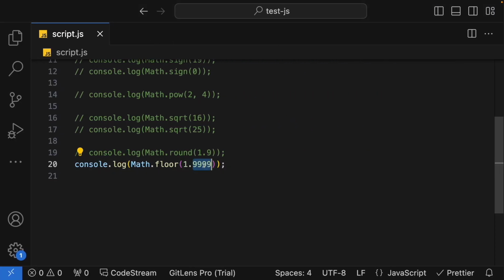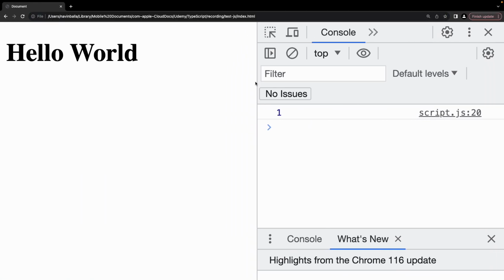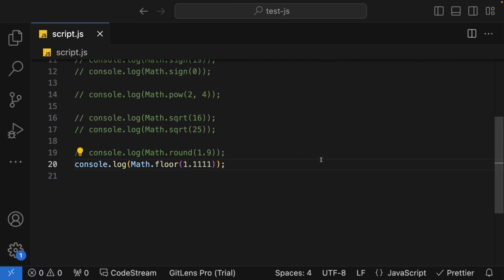And here, even though you make it 1.111, it will be 1 only, because it is trying to figure out the integer number which is just below this number. Even if we are at 1.999, it doesn't matter. Let's try the same scenario with the ceil operation. With ceil, whatever number we pass, it tries to figure out the nearest integer number available in the upward direction.